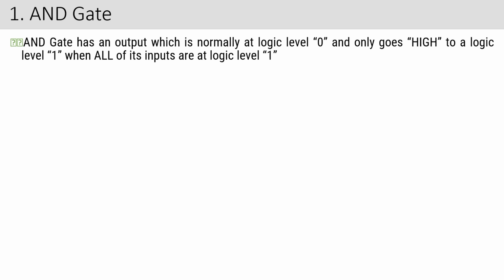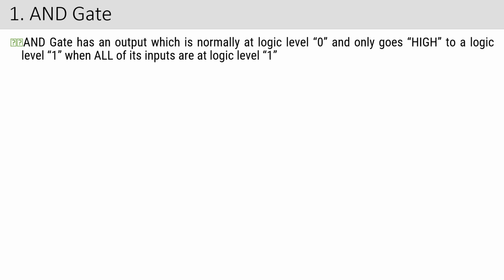Now what is an AND gate? How does it work? Generally, an AND gate has an output which is normally at logic level 0 and only goes high to a logic level 1 when all of its inputs are at logic level 1. What does it mean?